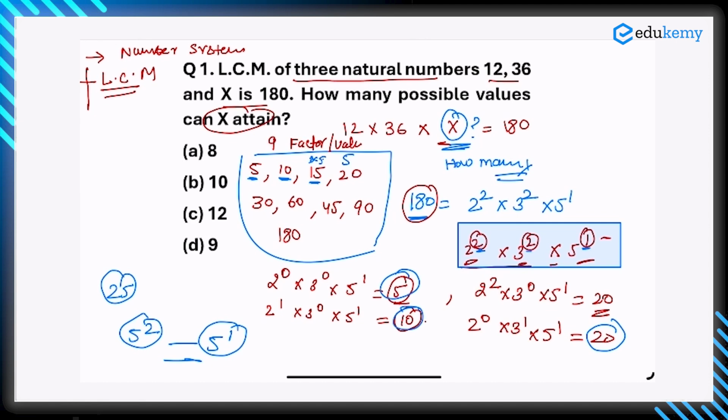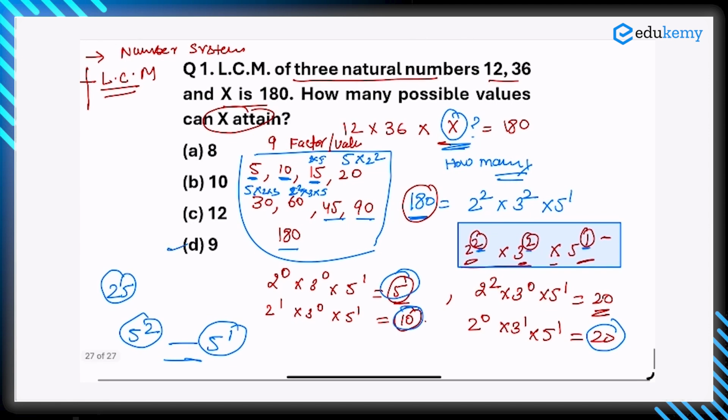In the case of 20, the power of 2 is 2 and the power of 5 is 1. In the case of 30, the power of 5 is 1, and the powers of 2 and 3 are 1. Similarly in the case of 60, the power of 2 is 2, the power of 3 is 1 and the power of 5 is 1. And similarly in the case of 45, 90 and 180. So the possible values are 9 here. So the answer of this question will be 9.